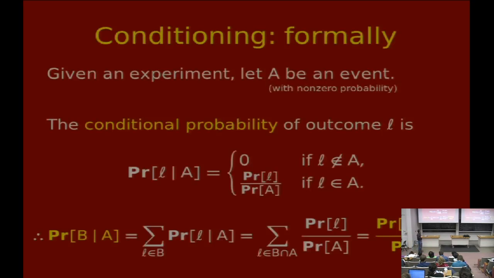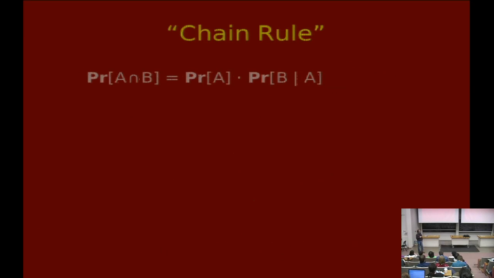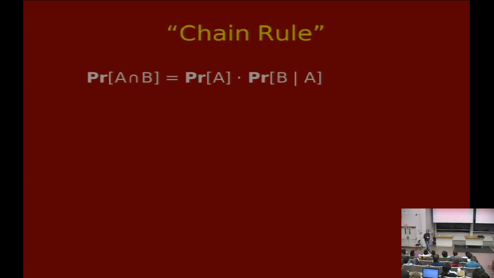I'm going to give you one more formula here, I guess, called chain rule. So if you just invert this, if you multiply both sides of this formula by probability of A, you get this formula. Probability of A and B equals probability of A times probability of B given A. And I usually remember this formula with a little sentence in my head, like, what's the probability that A happens and B happens?